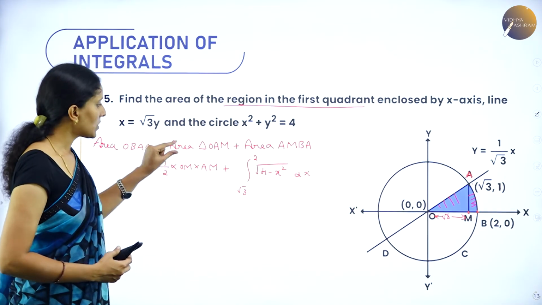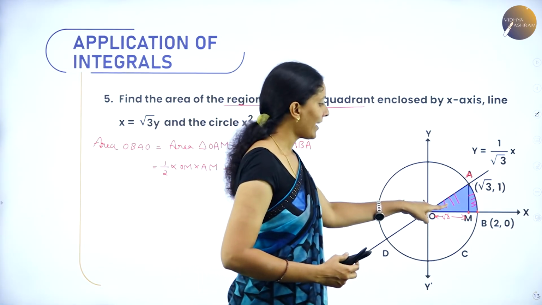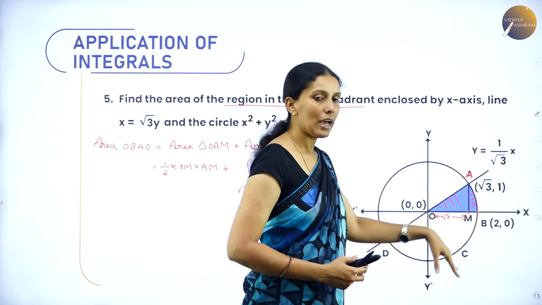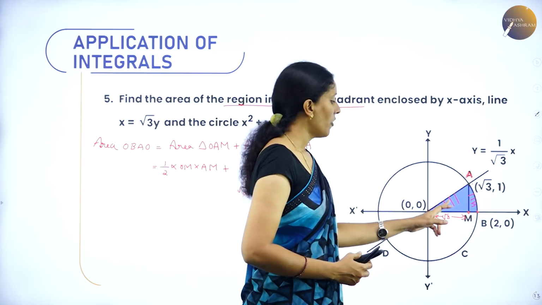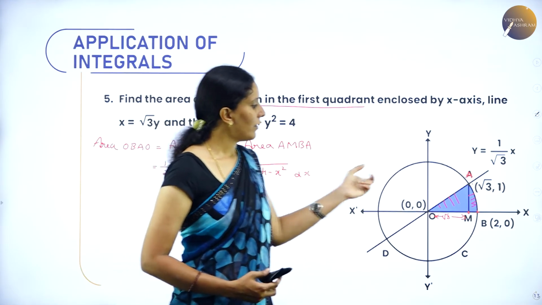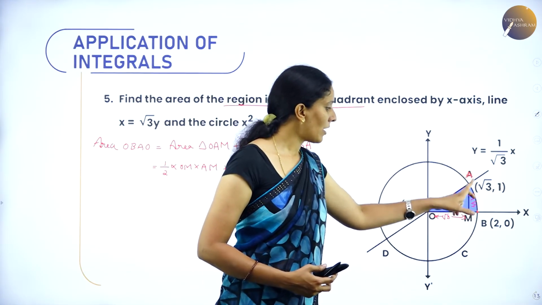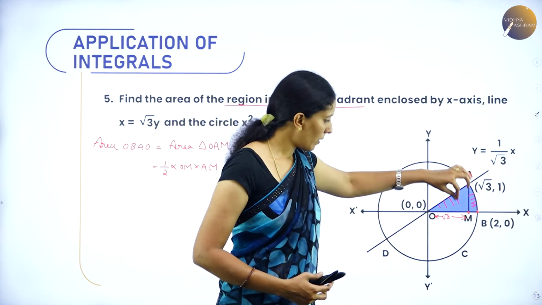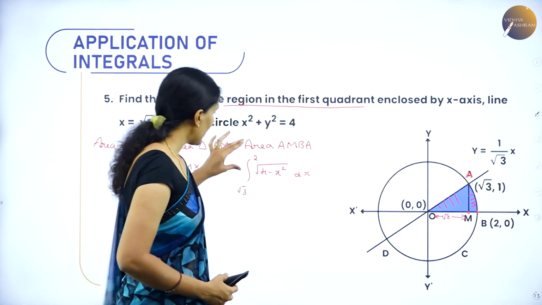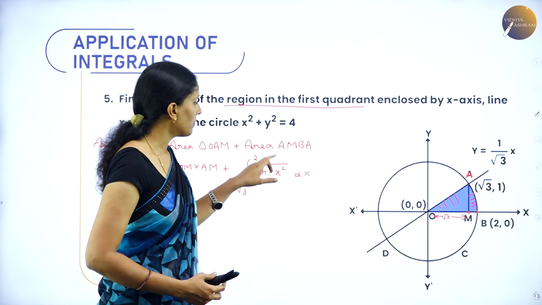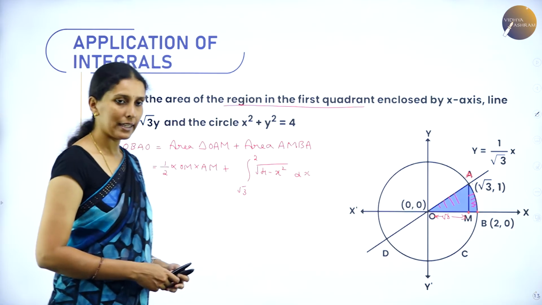The first one is the right angle triangle OAM, and the second one is the area after the right angle triangle. For the right angle triangle we can apply half into base into height, and for the remaining part, since it is a part of a circle, we have limits of x coordinates from root 3 to 2. So apply the limits, change the value of y in terms of x with respect to dx and then integrate.